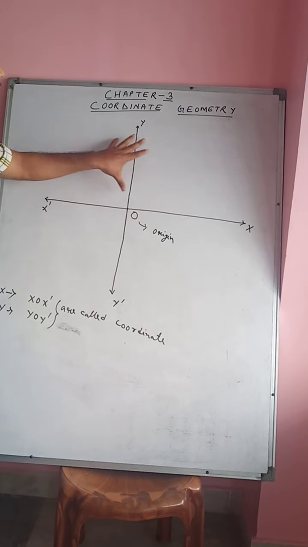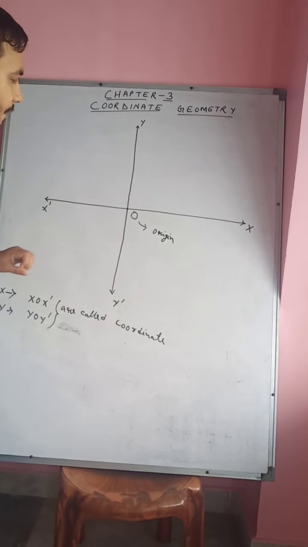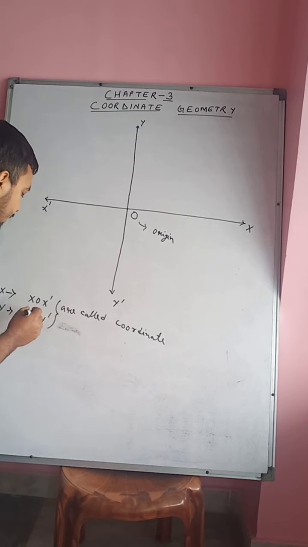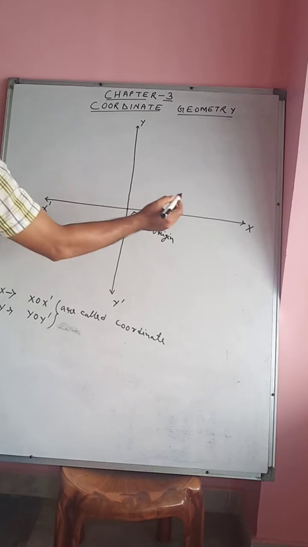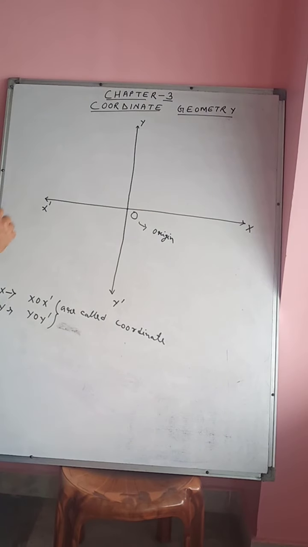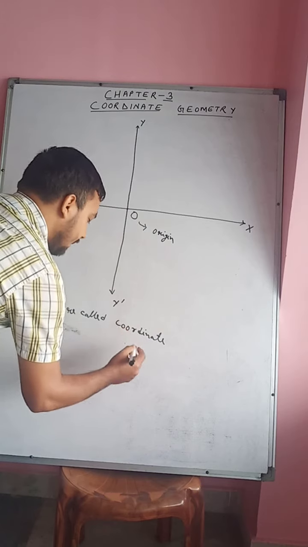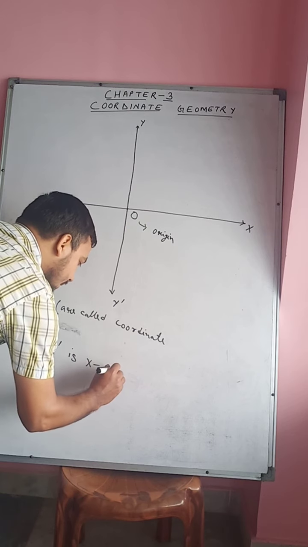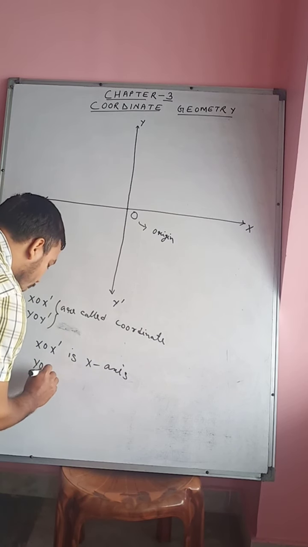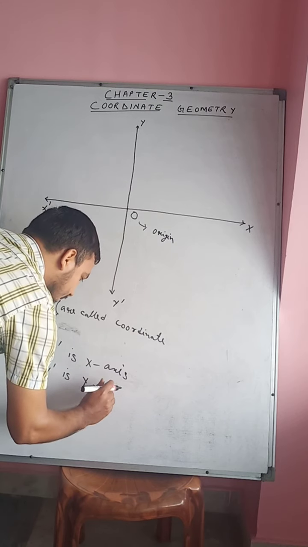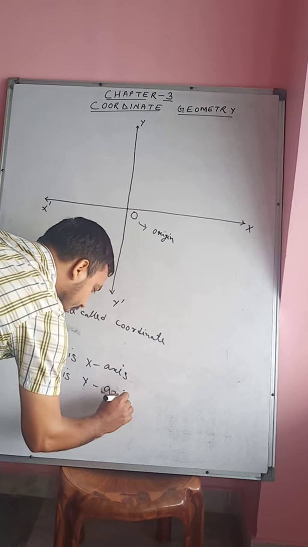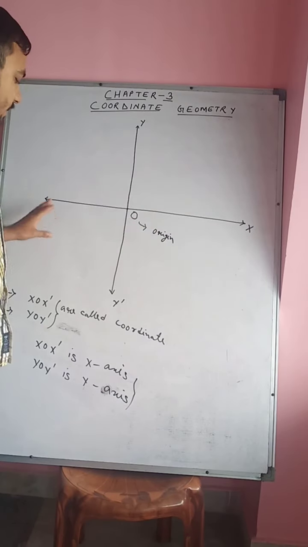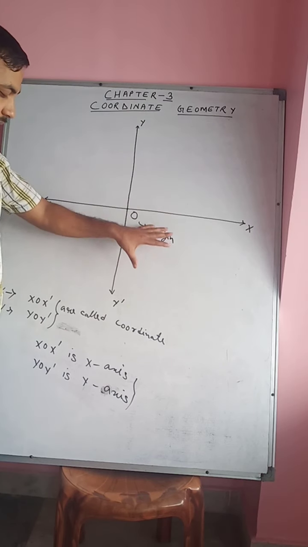X O X dash is also called the X axis, and Y O Y dash is called the Y axis. Since X and Y are two coordinates, we can call X O X dash the X axis and Y O Y dash the Y axis.